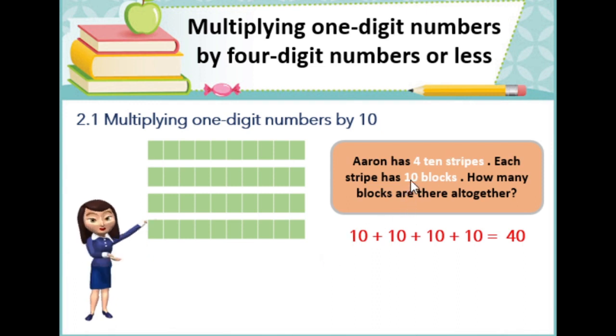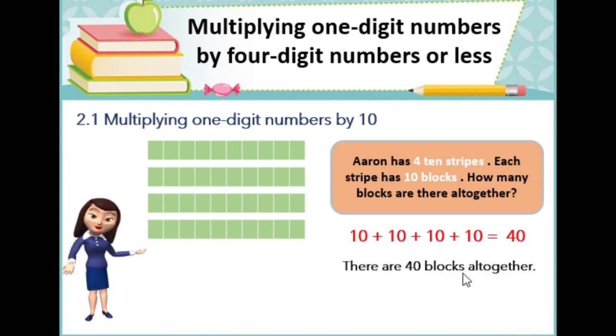Because we have 10 blocks in each stripe and there are 4 stripes, we do 4 groups of 10. So it's 10 plus 10 plus 10 plus 10 equals 40. There are 40 blocks all together.